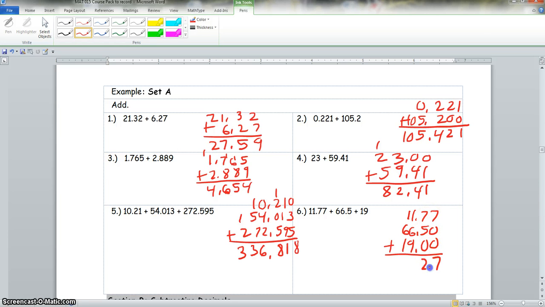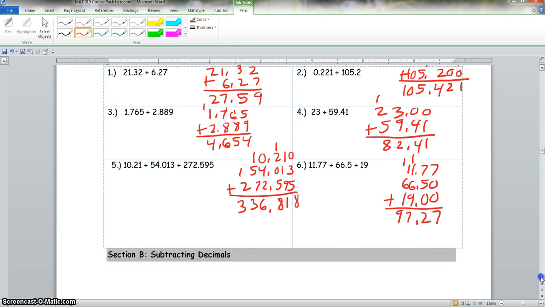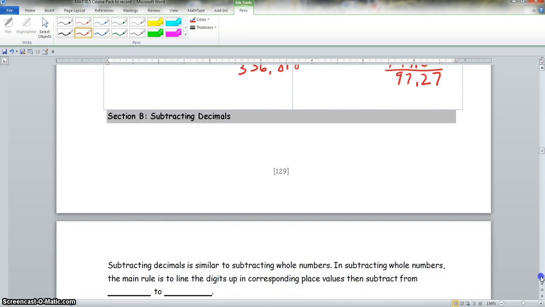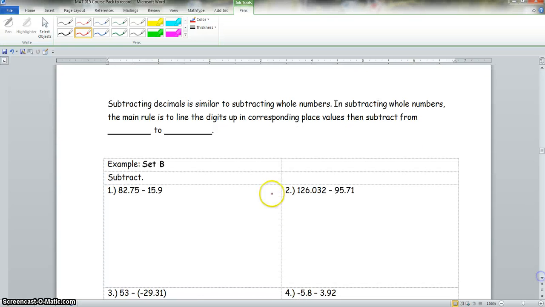Plus 0 was still 12, so we'll bring down our 2. Carry our 1. 1 and 1 is 2, plus 6 is 8, plus 9 is 17. 1 and 1 is 2, plus 6 is 8, plus 1 is 9. So it's 97.27.